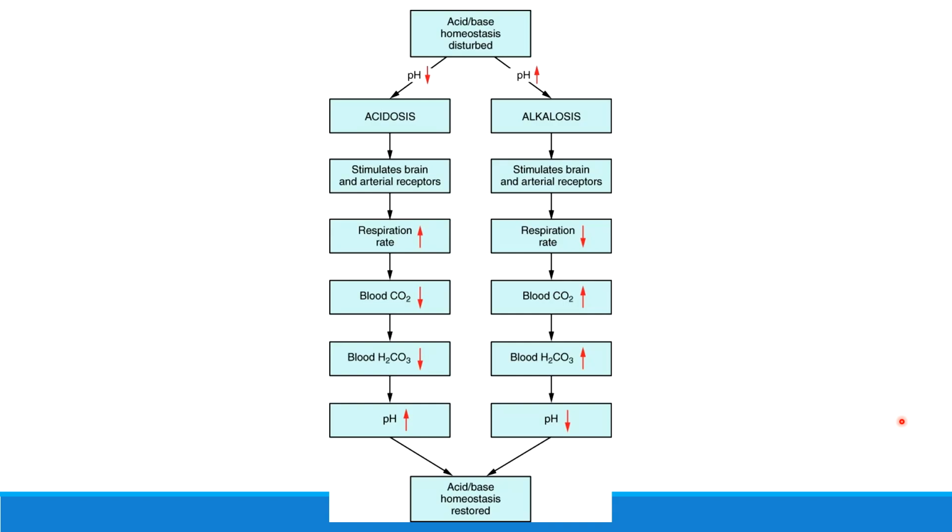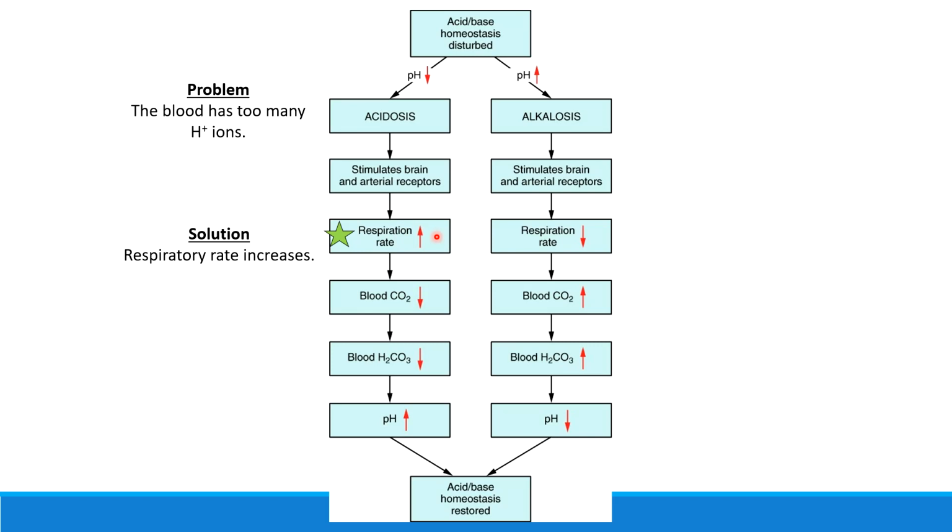Now let's look at this respiratory buffering system in action. So here's situation number one. The pH in the body has dropped. We're exhibiting what's called acidosis. When we're in a state of acidosis, we have too many hydrogen ions, or parts of our acid, that are circulating in the bloodstream. Our brain and our blood vessel detectors detect this, and they impact respiration. So when our blood becomes too acidic, the brain tells the respiratory system to increase our respiratory rate.